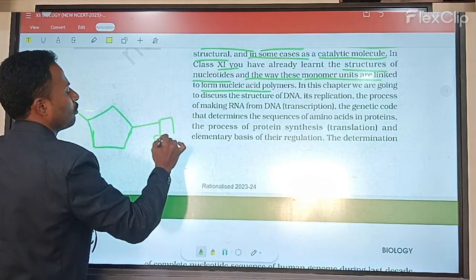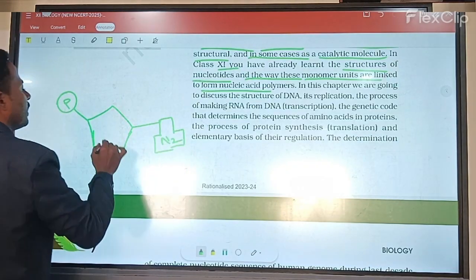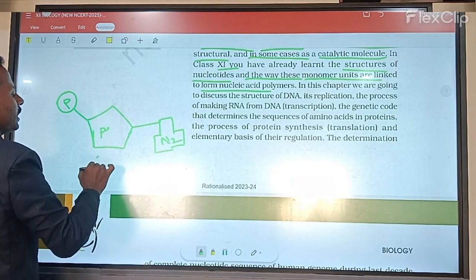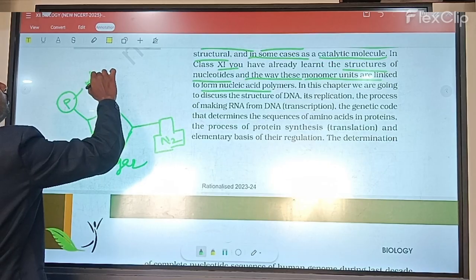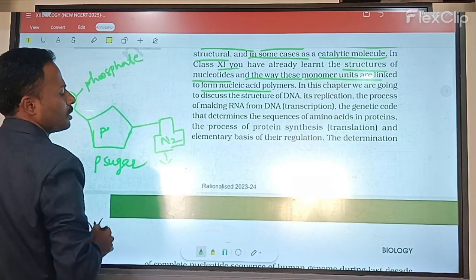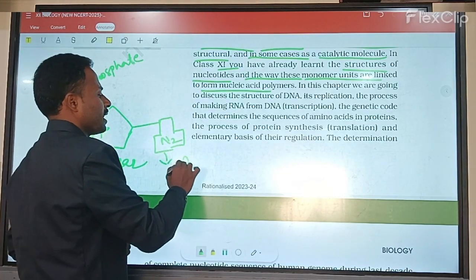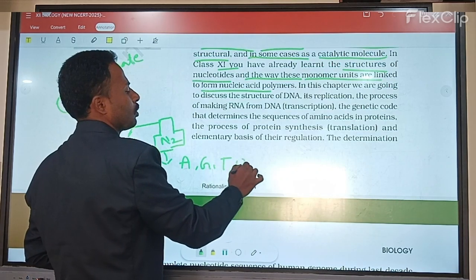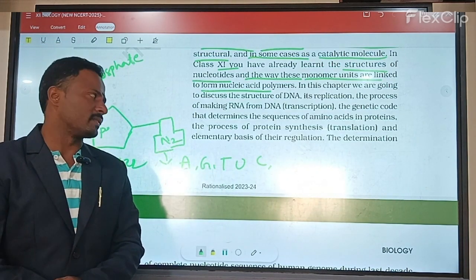Here I draw a diagram of a nucleotide. It has a pentose sugar, a phosphate group, and a nitrogen base. You know that nitrogen bases have different types: adenine, guanine, thymine, uracil, cytosine.